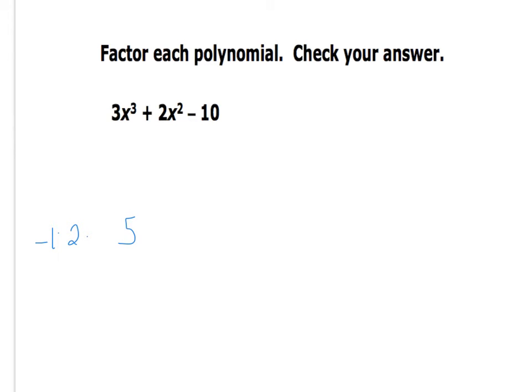Wait a second. Look over here. Is there anything common here, and here, and here? Well, I have 2 x's, but I don't have a third one, so I don't have an x in common. I have 2 2's, but I don't have a 2 up here, so I don't have a 2 in common between all 3 terms. That means it doesn't have a greatest common factor. So what do we do? Well, we simply call it prime.